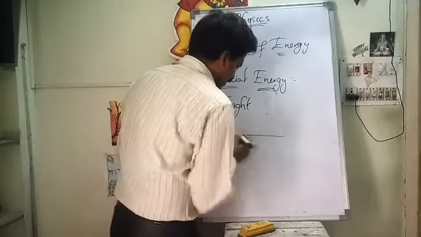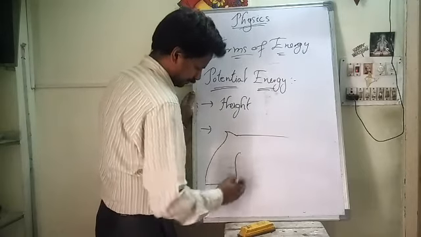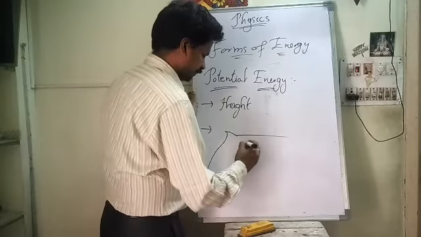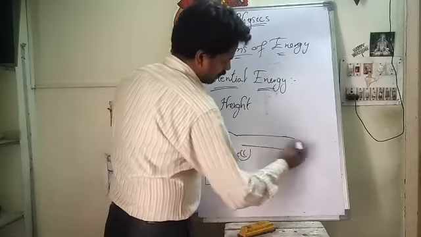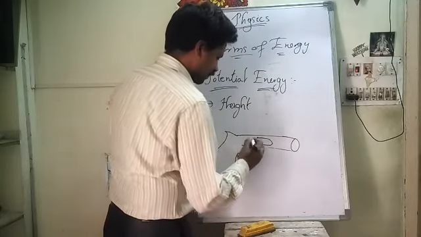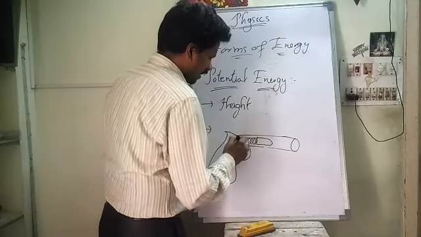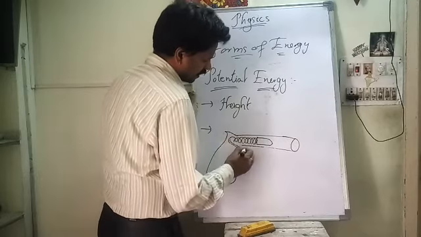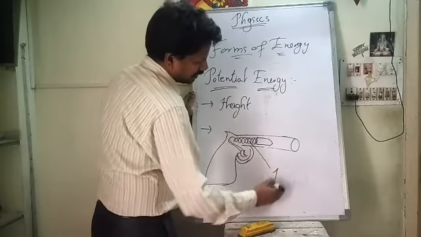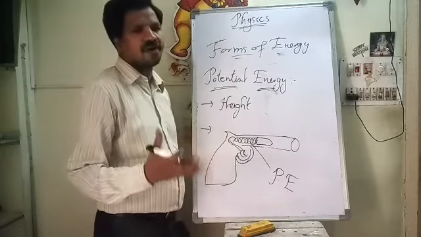Already we have discussed this in kinetic energy. See here, a bullet is there, and in a revolver a spring is connected to the trigger. This spring has a lot of potential energy.